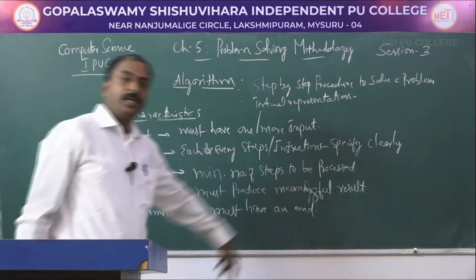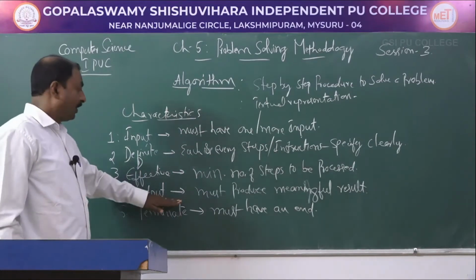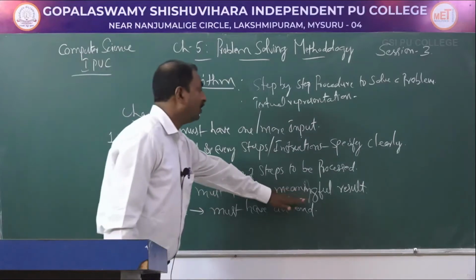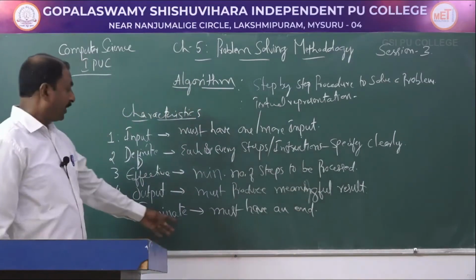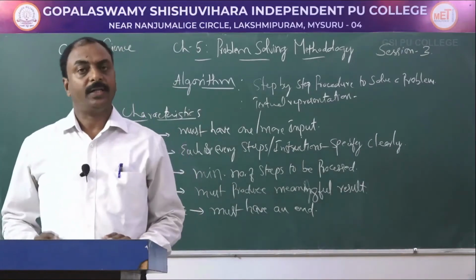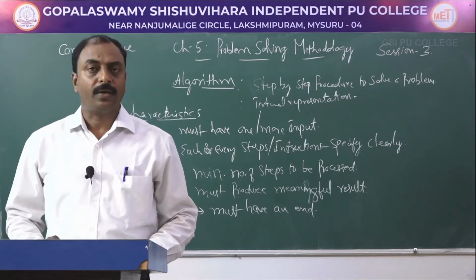Next one is output: each and every algorithm must produce an end result or meaningful result. And terminate: at one particular stage, it has to terminate or stop. These are the characteristics of an algorithm.